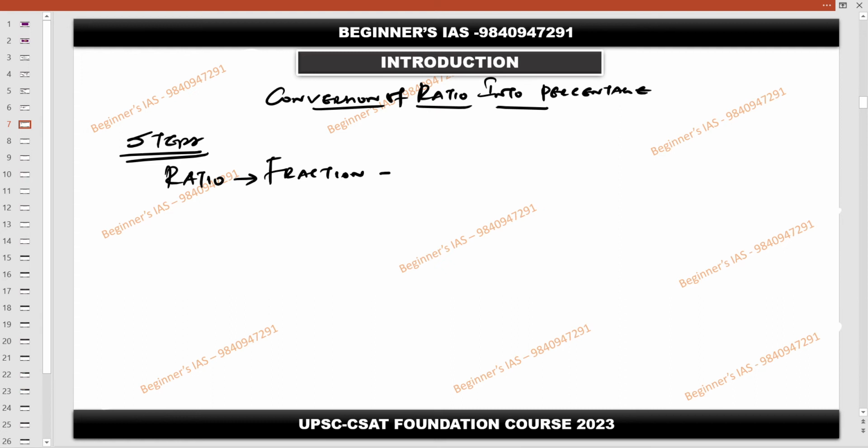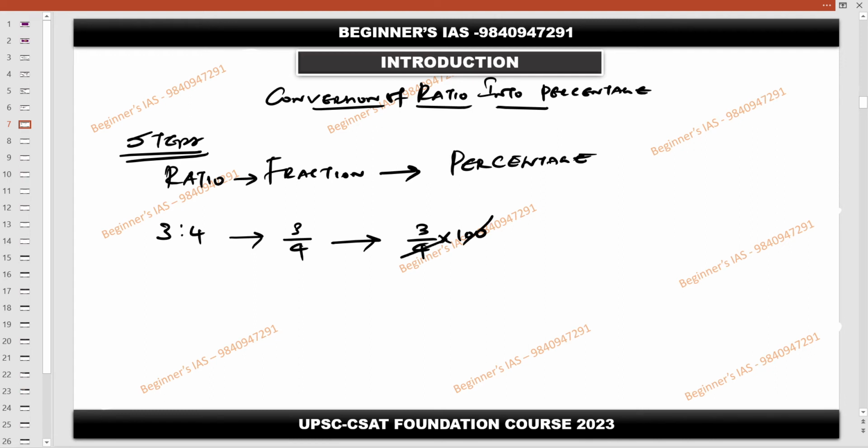After conversion into a fraction, find the percentage. Simple logic. So for example, the same 3:4 ratio. Then the fraction is 3 by 4. For percentage we multiply with 100. Cancel this, so 3 into 25 is 75. At last, finally put a percentage sign. Clear?